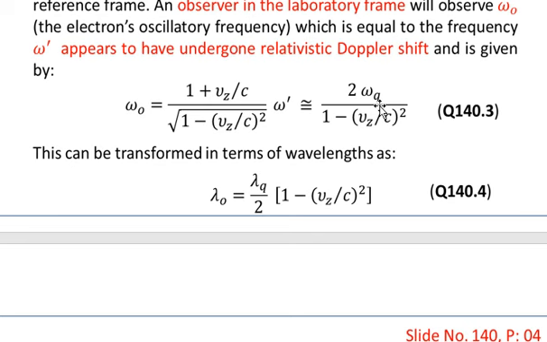Introducing these terms, equation number 3 is transformed into equation number 4: lambda naught is equal to lambda q over 2, times the bracket 1 minus the square of Vz over c. So equation number 3 gives you the frequency omega naught, the oscillation frequency of the electron in the laboratory frame, and lambda naught is the wavelength in the laboratory frame.